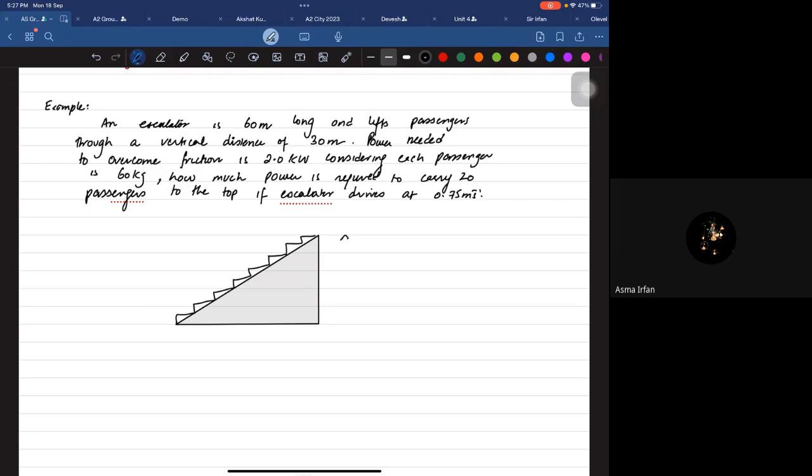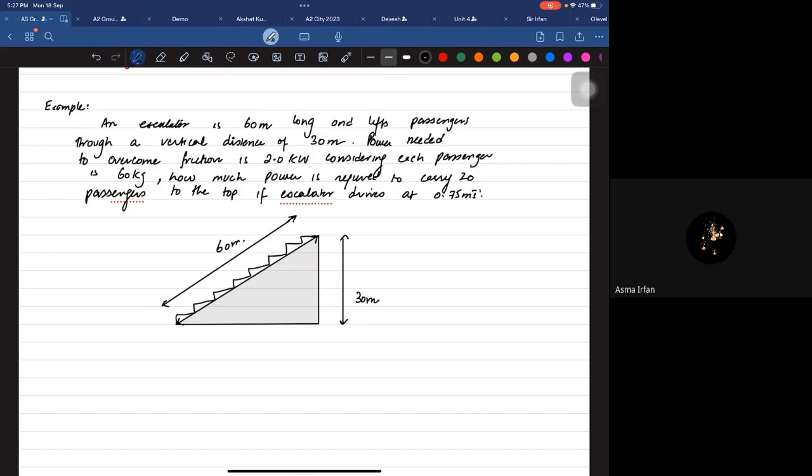This height is given as 30 meters, and this length from here to here is 60 meters, like that.